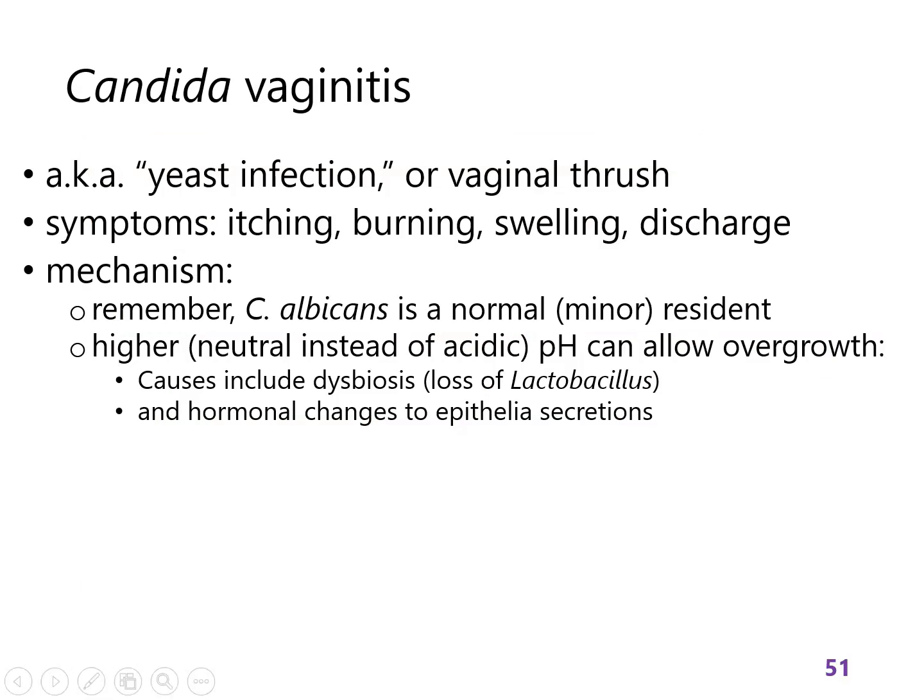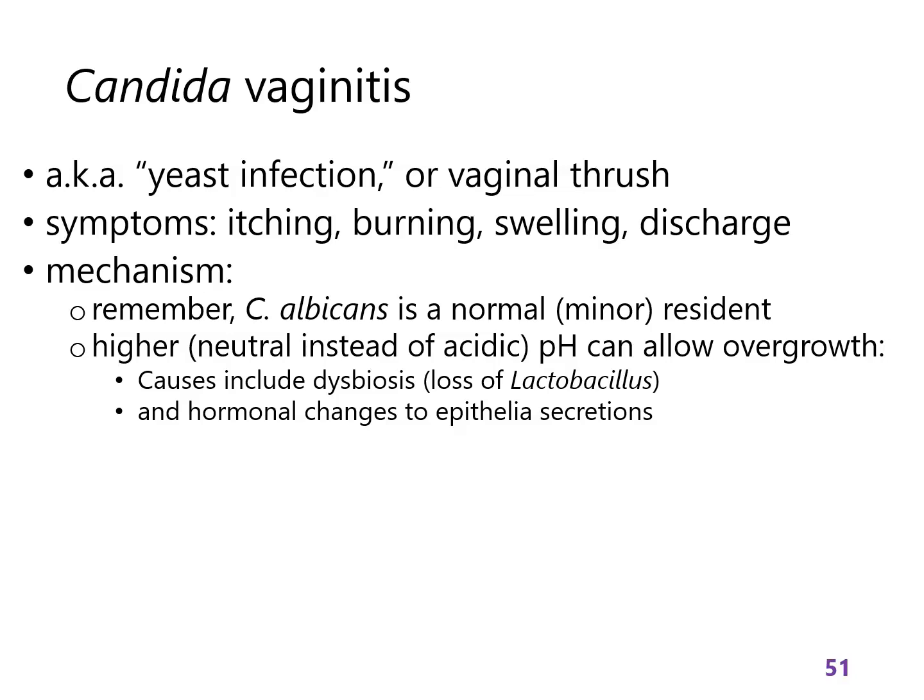Vaginitis, or a yeast infection, is a similar condition where Candida albicans grows because the normal bacteria that are there are unable to prevent it. Normally, the vagina has that low pH caused by lactobacillus bacteria that release lactic acid.